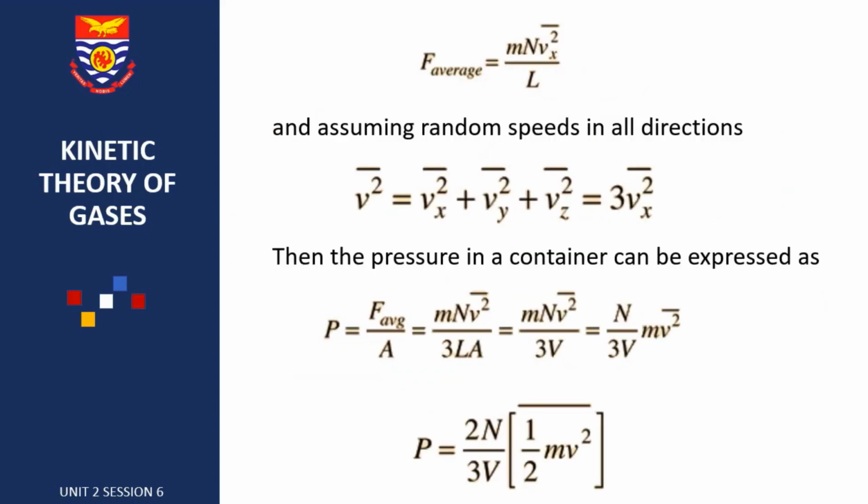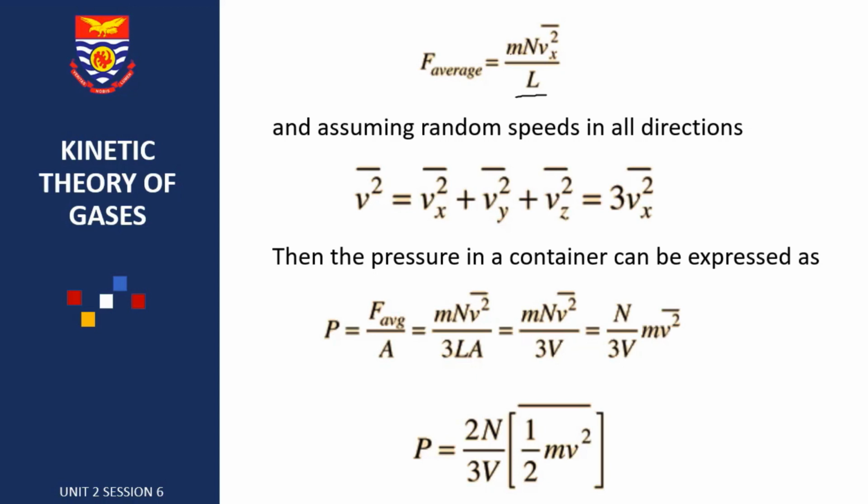So now for n number of molecules, the average force becomes m times the number of molecules times the average velocity squared, all over L, and L here is the length of the side of the box.